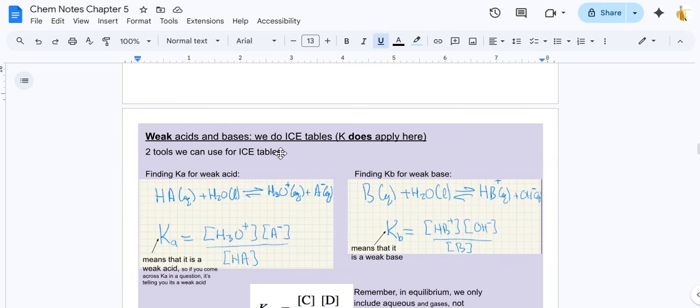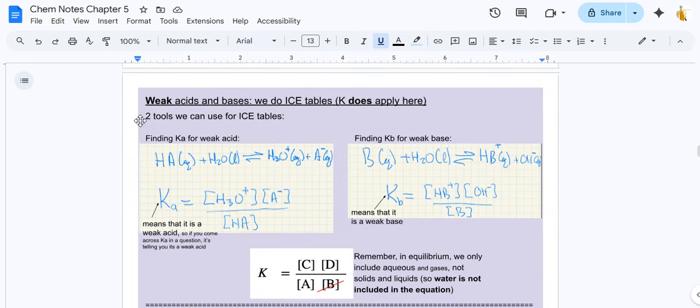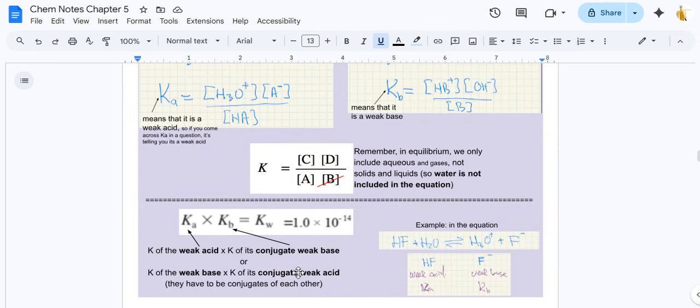we do ice tables. And these are two tools we can use for ice tables. This formula and this formula.